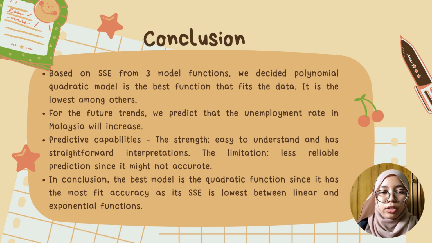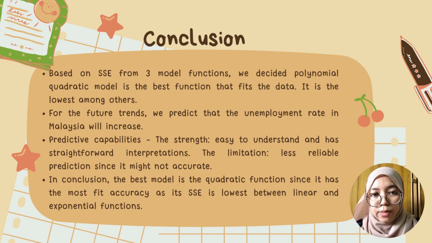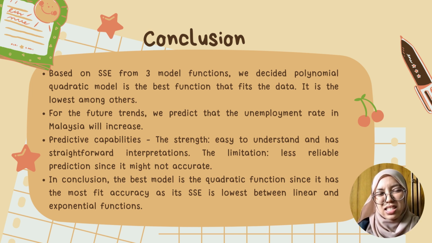Furthermore, although this function is simple for making predictions, it also has its own limitations. When predicting future trends beyond the range of observed data, quadratic functions are less reliable. This is due to the possibility that the curvature that the quadratic equation assumes may not hold true outside of the observed range, which could produce inaccurate predictions.